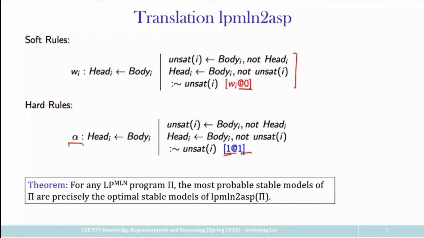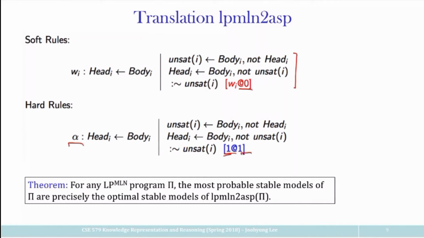Yes, I have two questions. First, the translation where we are writing two rules, unset and head. That is the same as saying if the body is true, choose exactly one of these two. I'm sorry, can you repeat?